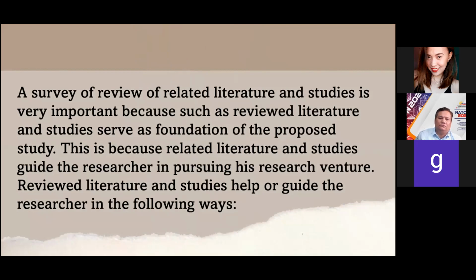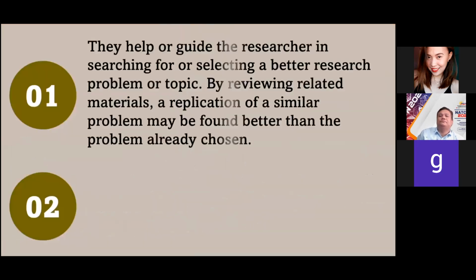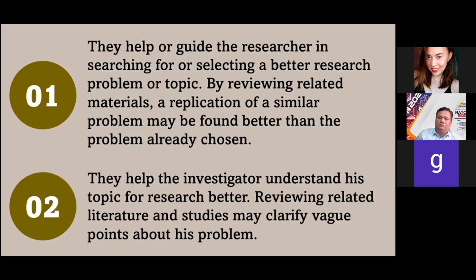Reviewed literature and studies help or guide the researcher in several ways. 1. They help or guide the researcher in searching for or selecting a better research problem or topic. By reviewing related materials, a replication of a similar problem may be found better than the problem already chosen. 2.